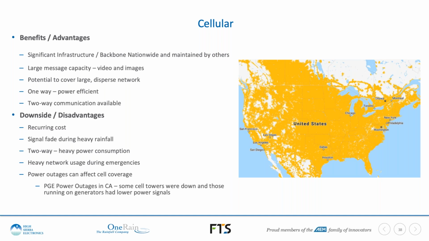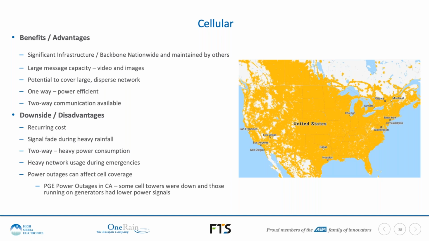It's very power efficient when you're transmitting in a one-way mode. We have sites that are normally asleep or in low power mode, and when it's time to take a reading, power up, transmit a signal, and go back to sleep, and that's very power efficient.